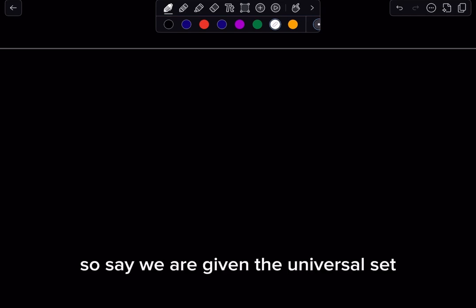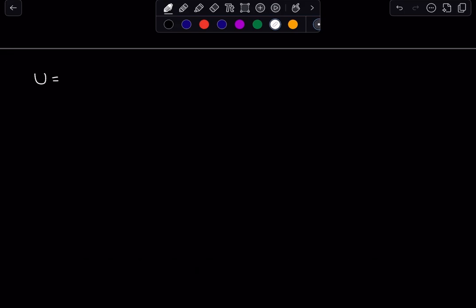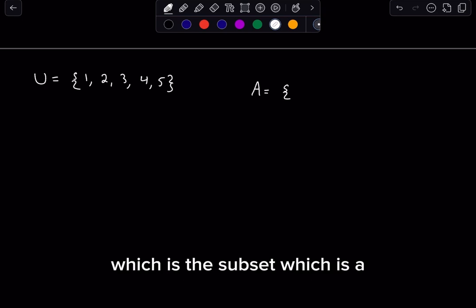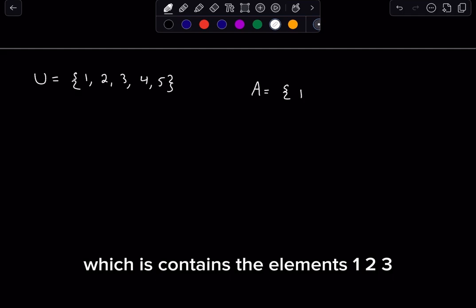So say we are given the universal set of 1, 2, 3, 4, 5, and we have A, which is a subset, which contains the elements 1, 2, 3.